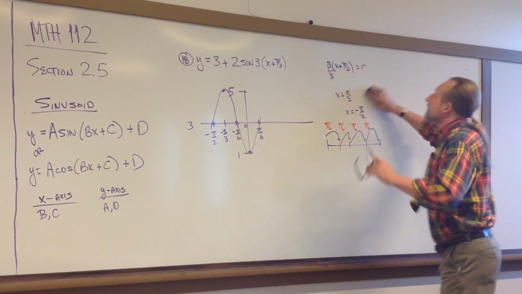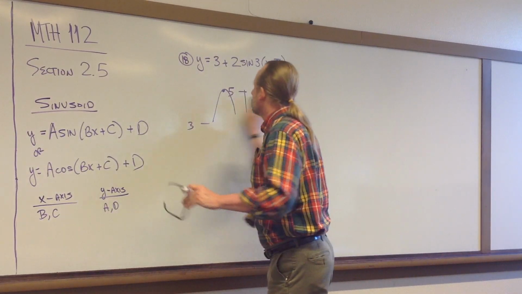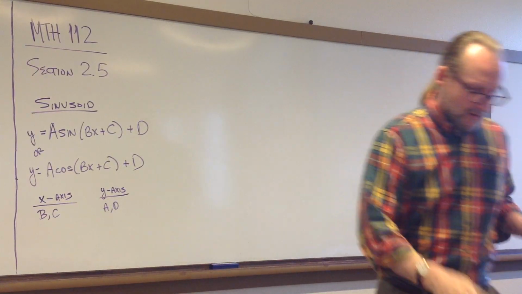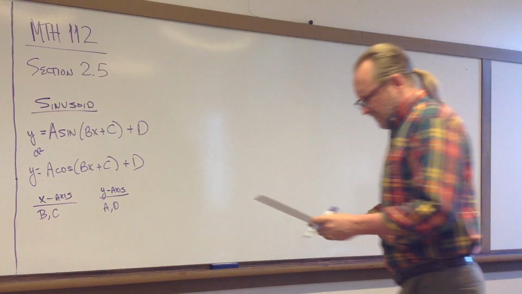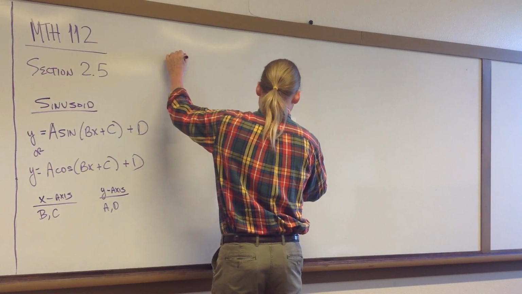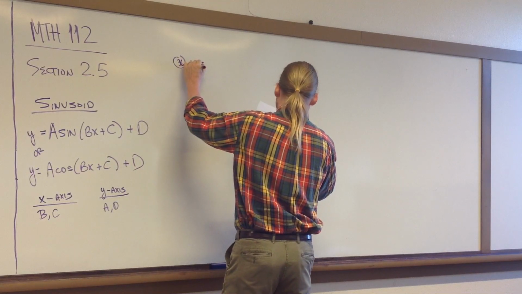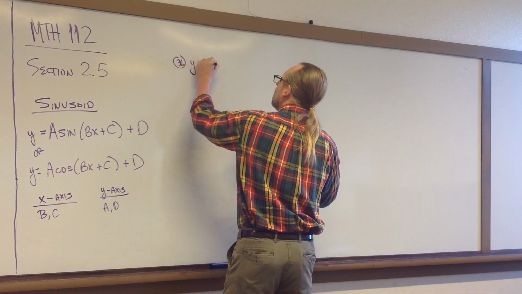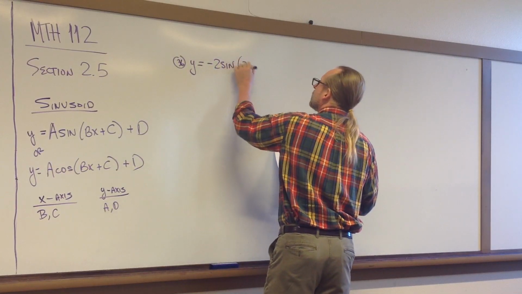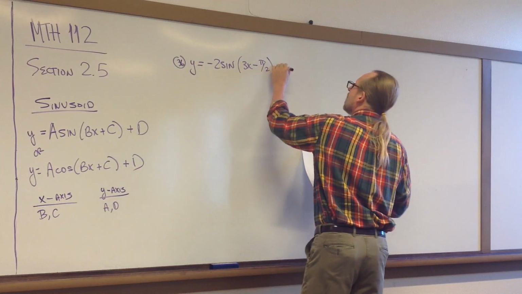Let's go ahead. But this time the period hasn't been factored out of the parentheses. All right, let's see here. Problem 36. What do we have here? Y equals negative 2 sine of 3x minus pi over 2 plus 4.